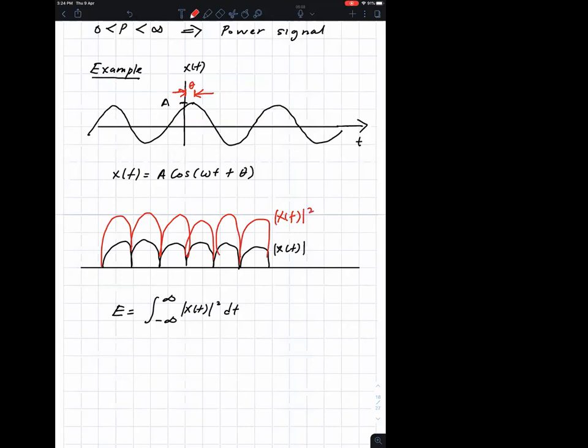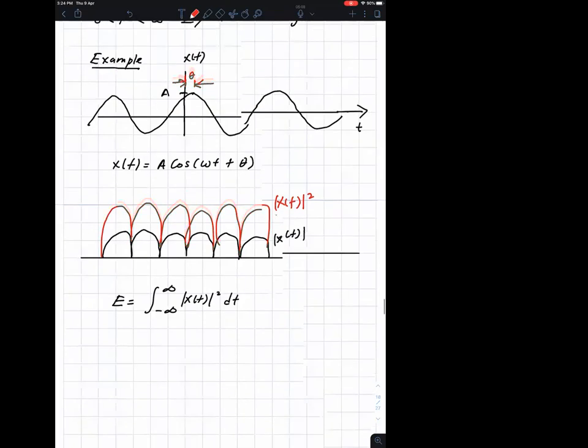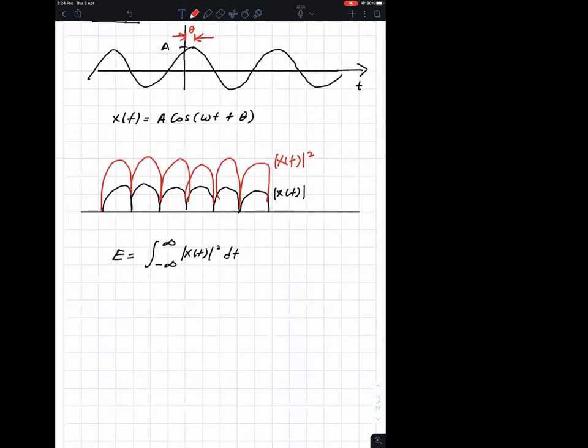It's squaring it and then integrating it, not over a period, but from minus infinity to positive infinity.